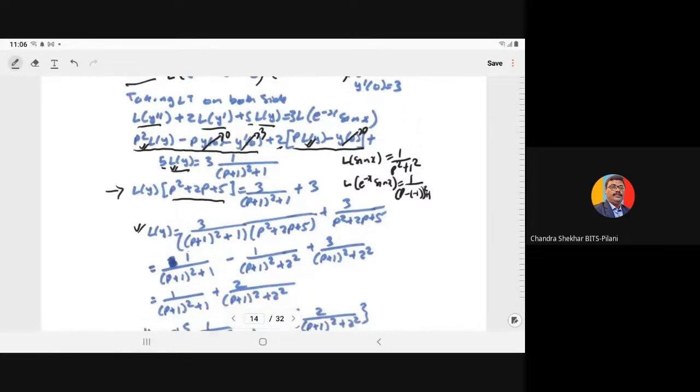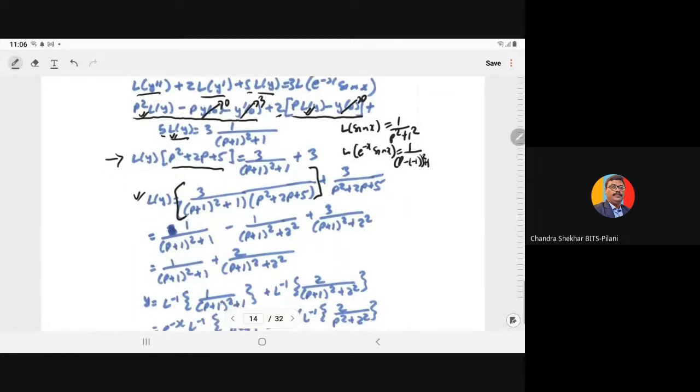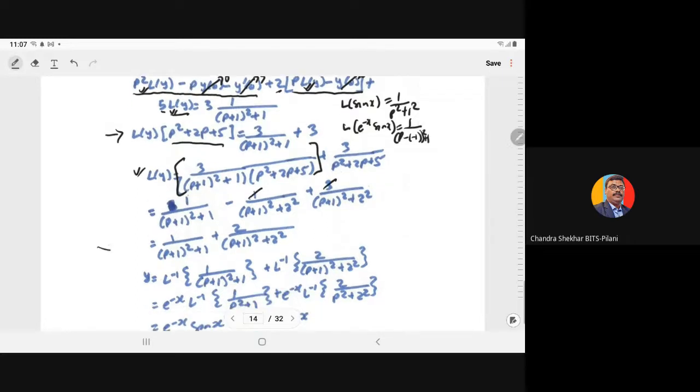By partial fractions, this can be written as 1 upon p plus 1 whole square plus 1 minus 1 upon p plus 1 whole square plus 2 square, plus 3 upon p plus 1 whole square plus 2 square. So 1 and 3 will give you 2. So here we have 1 upon p plus 1 whole square plus 1 plus 2 upon p plus 1 whole square plus 2 square.